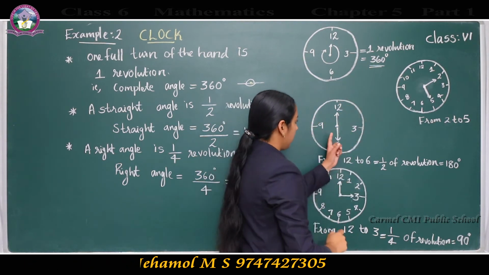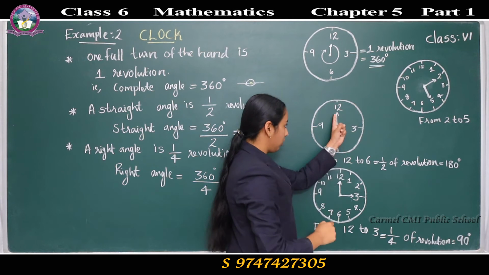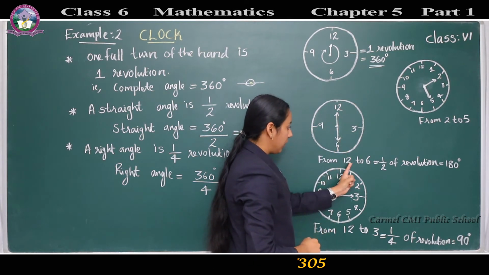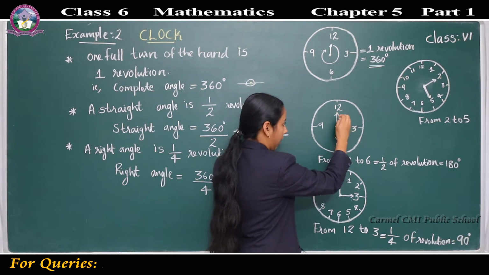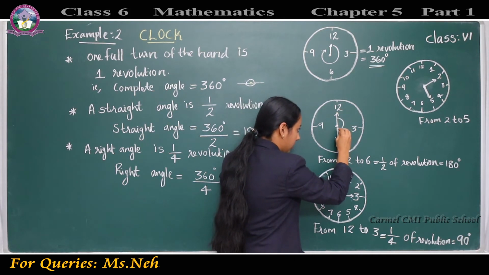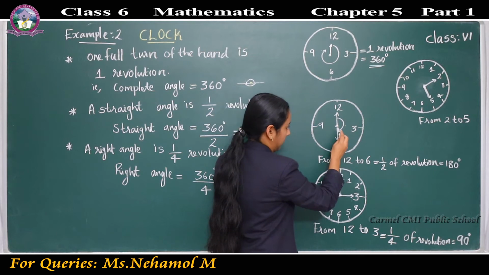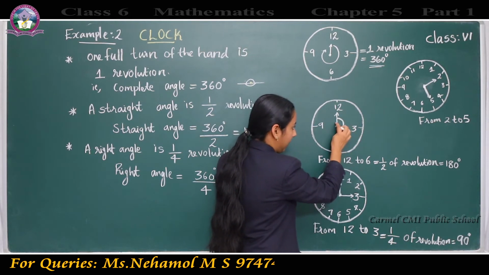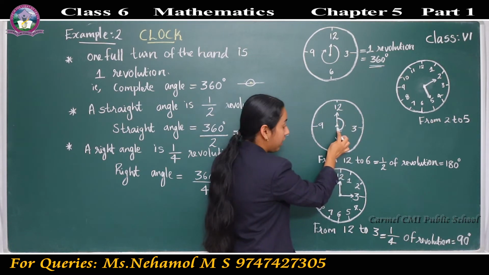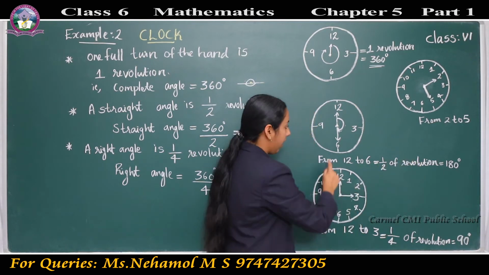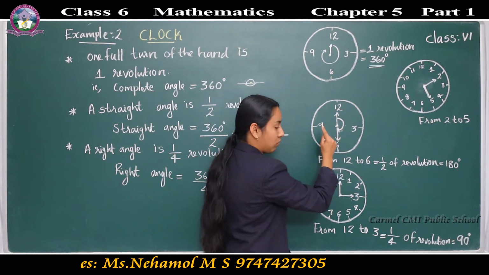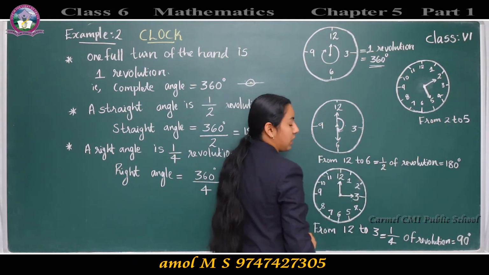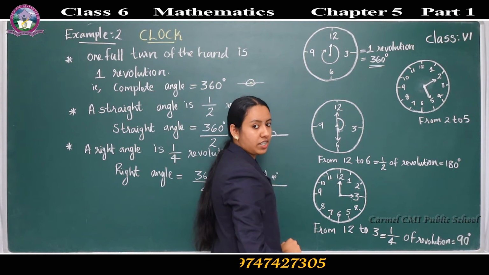Then suppose the hand of a clock starts at 12 and reaches 6. From 12 to 6, that is an example of a straight angle. The angle formed will be 180 degrees, half of a revolution.